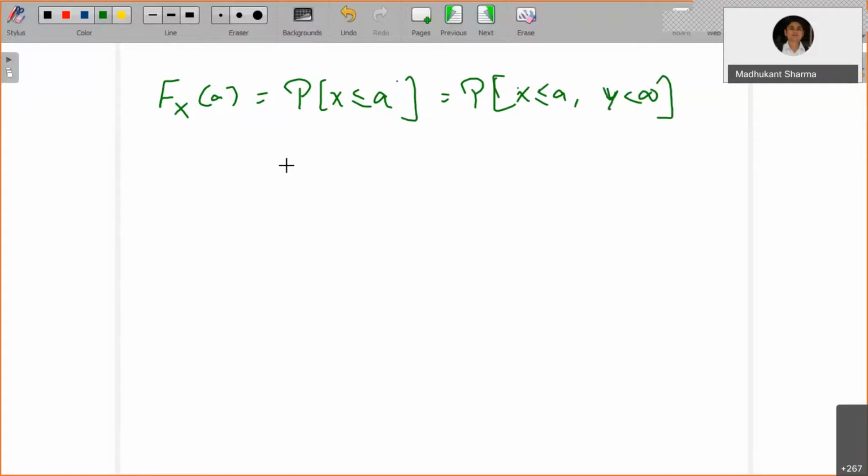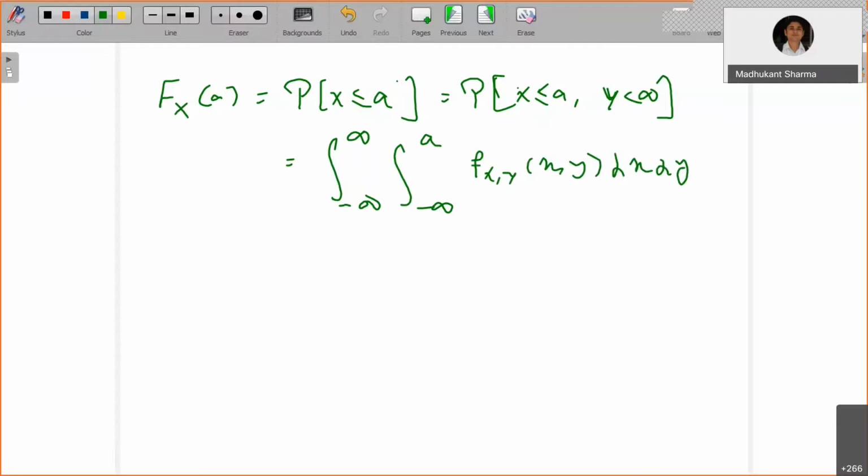So that you can certainly find out: integral from minus infinity to plus infinity, integral from minus infinity to a of f(x,y) dx dy. So that's going to be integration 0 to infinity, integration 0 to a, and I can write this as 2 times e to the power minus x e to the power minus 2y dx and dy.